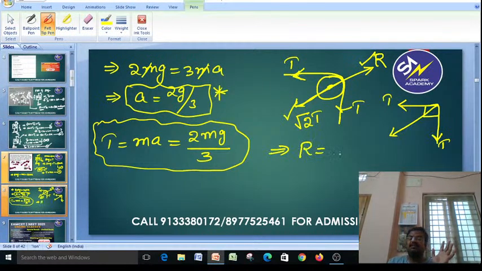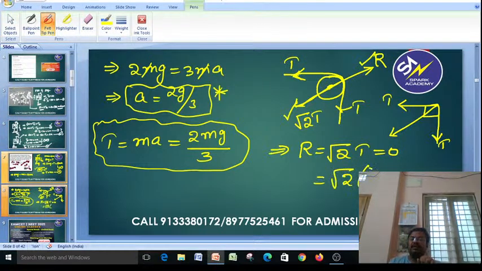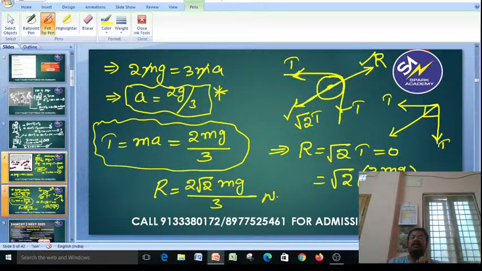That's why reaction is equal to root 2 into T, and the net force here is 0 because both balance each other. Root 2 into tension is root 2 into 2mg divided by 3, so the reaction is 2 root 2 mg divided by 3 Newton.